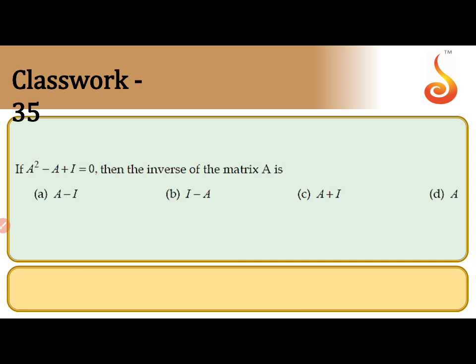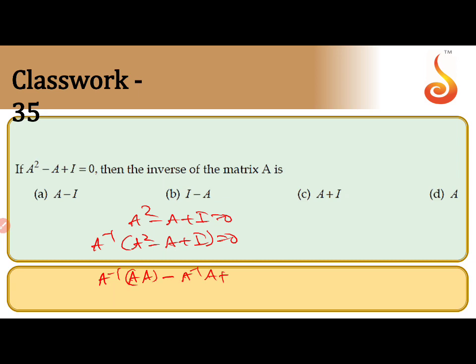A square minus A plus I equal to O, and the inverse of the matrix. If you want to find the inverse of the matrix directly, you can't get it. So here the question is given A square minus A plus I equal to 0. So pre-multiply with A inverse on both sides. So it is A inverse, right? A square as A into A, minus A inverse into A, plus A inverse I equal to 0.